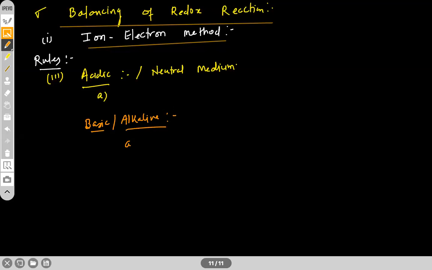So in this one, you write down point number A. Excess oxygen atom is balanced by adding H2O molecule on the same side and OH minus ion on the other side.